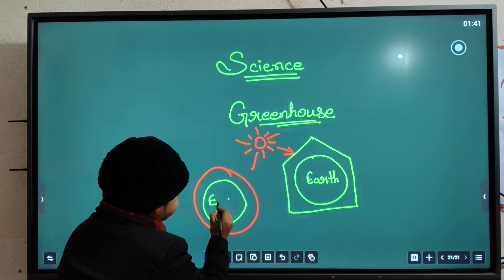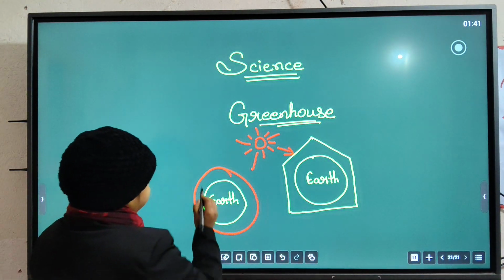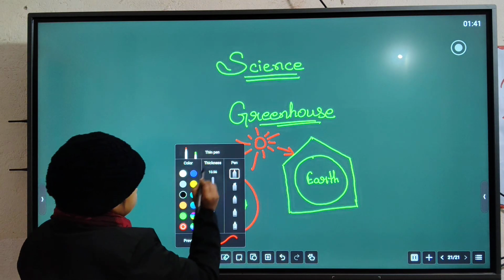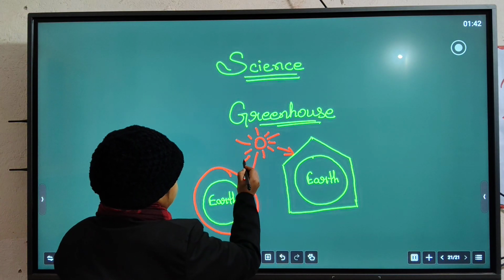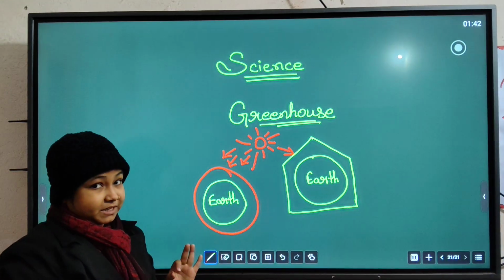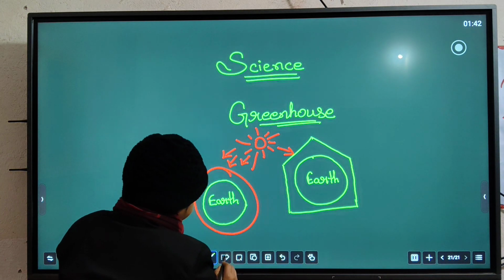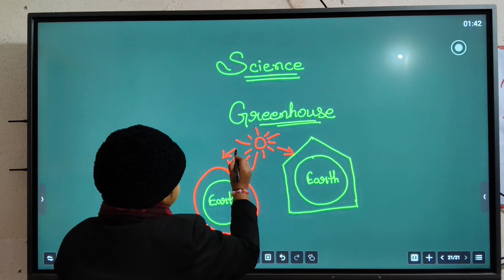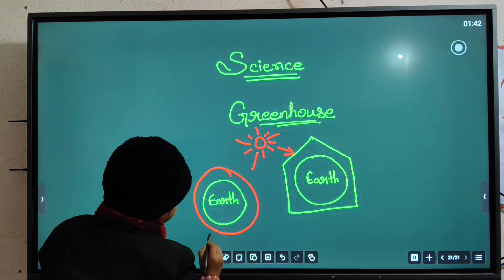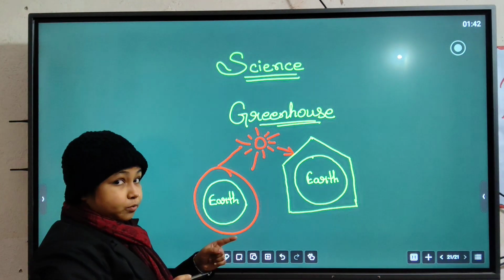This is our earth, this is the outer atmosphere, and this is the sun, which gives rays. These rays are of three types. The first is the UV rays.